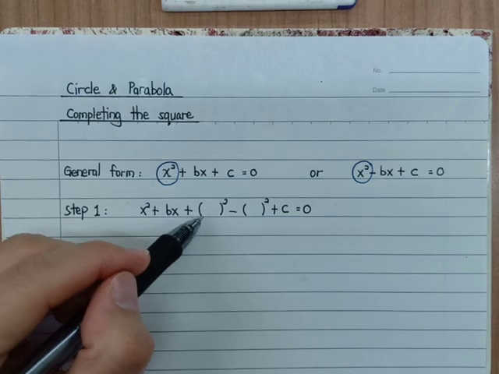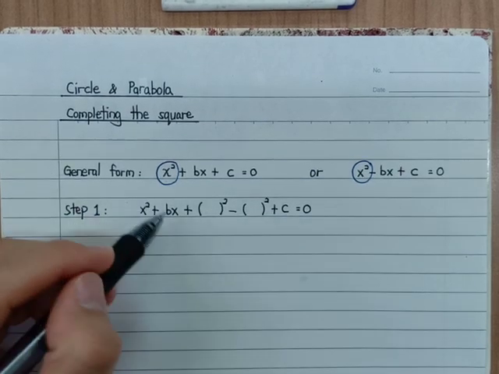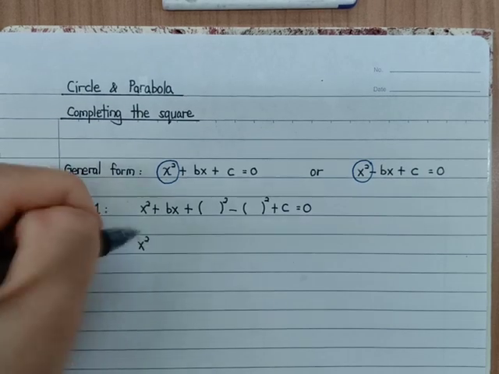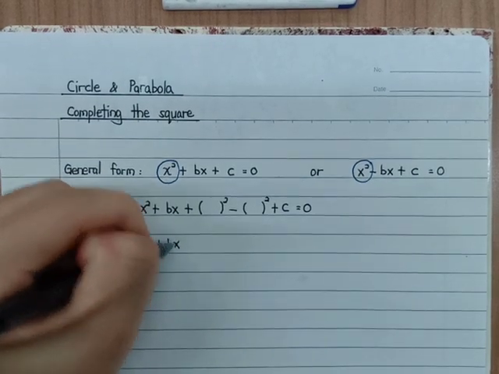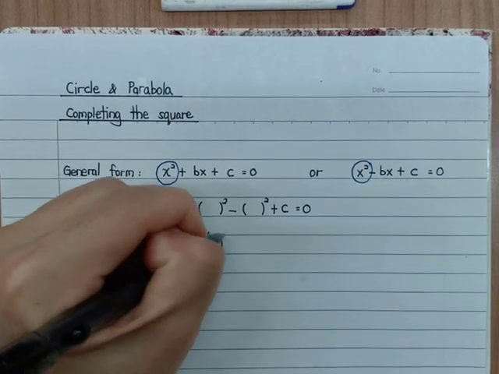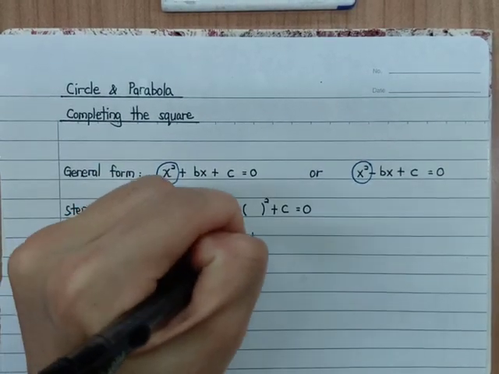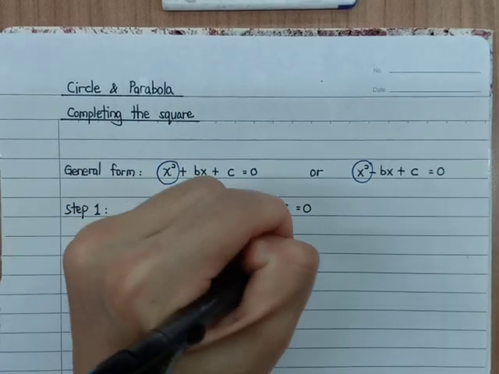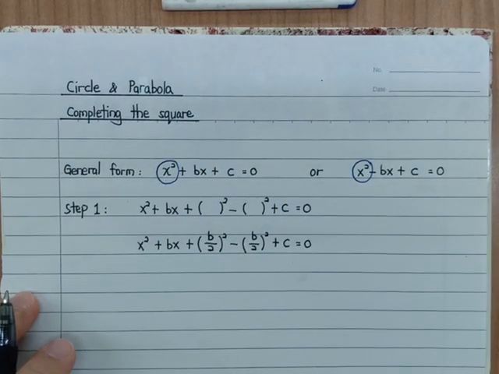So the value that we're going to substitute in the bracket is half of b, which means x squared plus bx plus (b over 2) squared minus (b over 2) squared plus c is equal to 0.